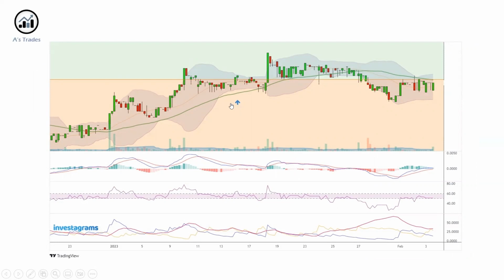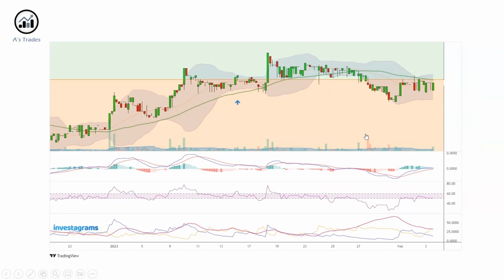I'm still holding this one, and I'm looking for another tranche buying opportunity because it is still within this box right here, within the support level. If the price breaks this orange level here, I will buy another tranche, or else I will sell this one at a loss.